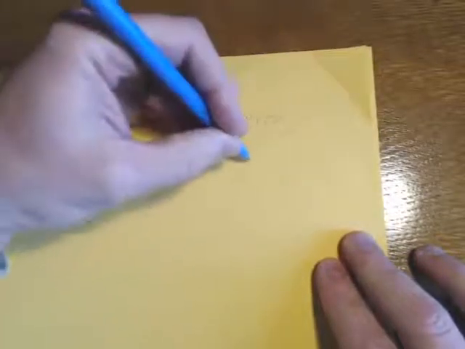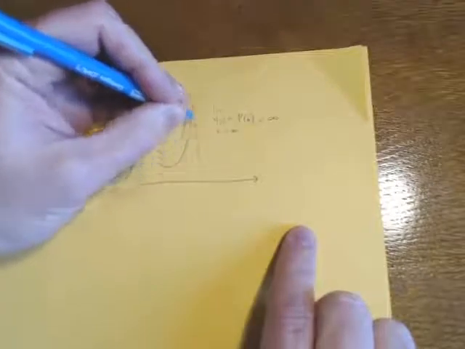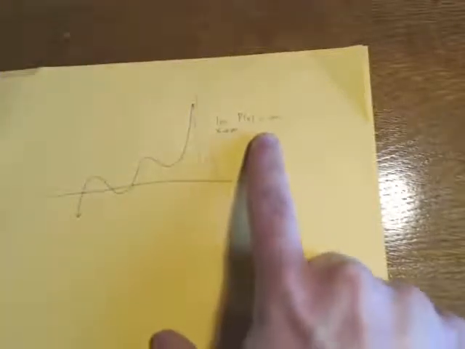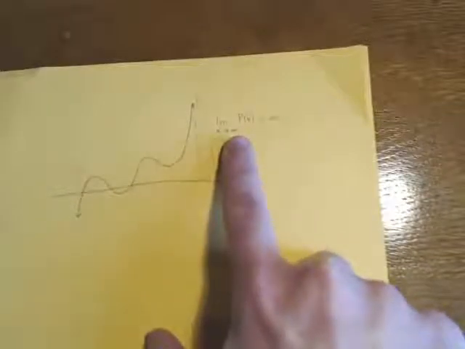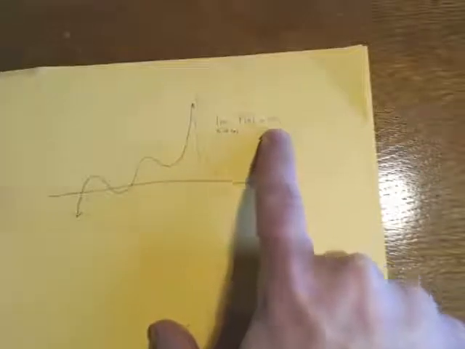In other words, as x goes to the right, the y values keep rising and rising. That's what that notation means: as x goes to the right to infinity, the values for the function go off to infinity as well.